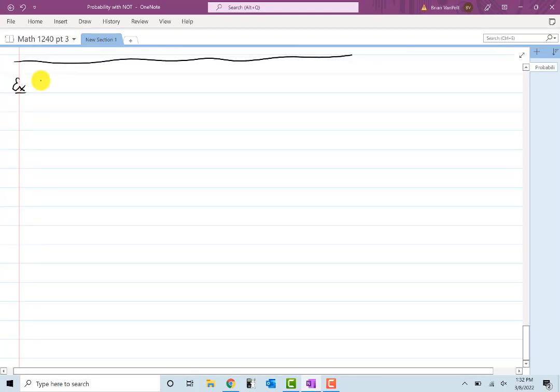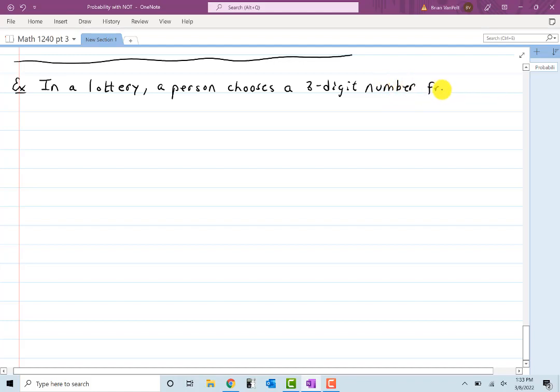So in a lottery, a person chooses a 3-digit number from a collection of numbers ranging from 000 to 999.